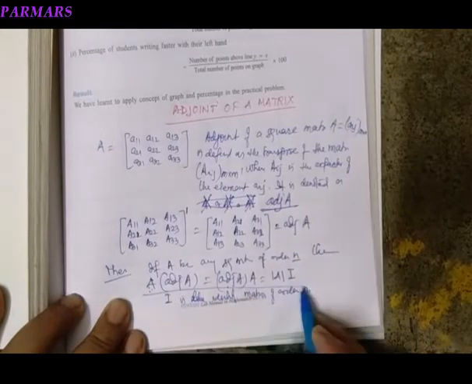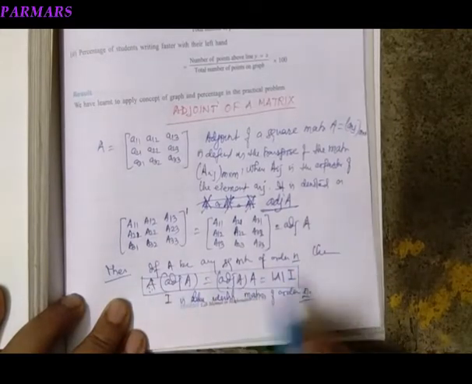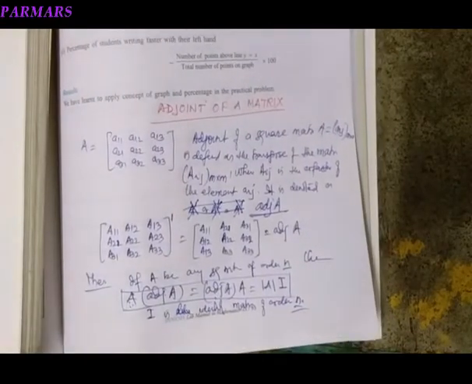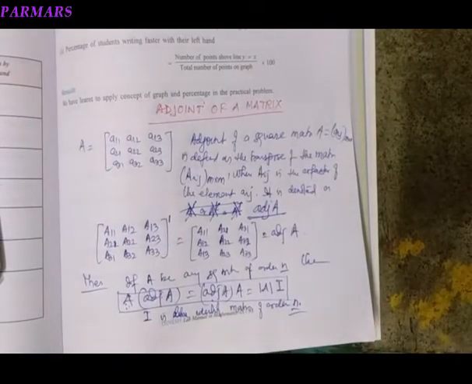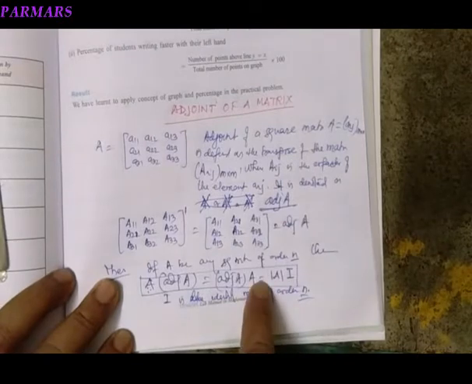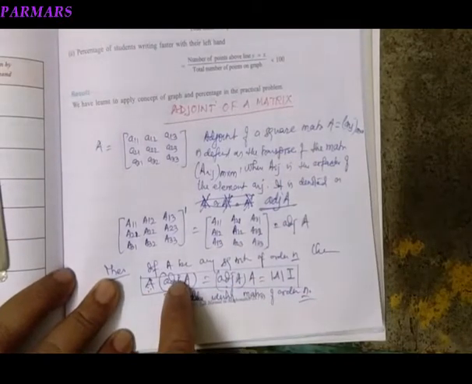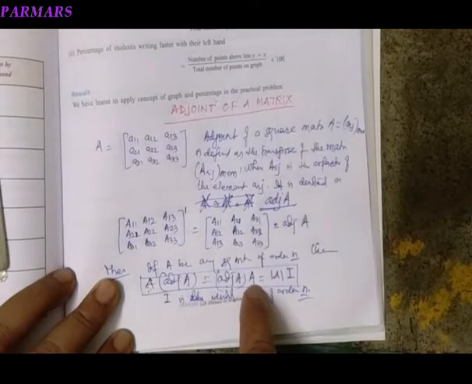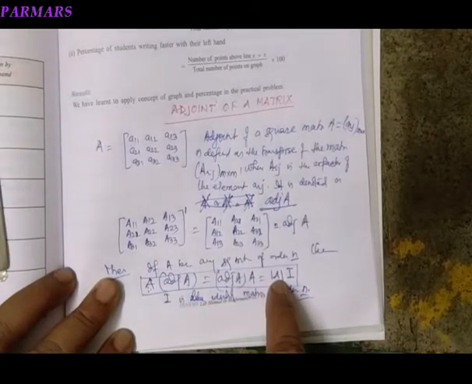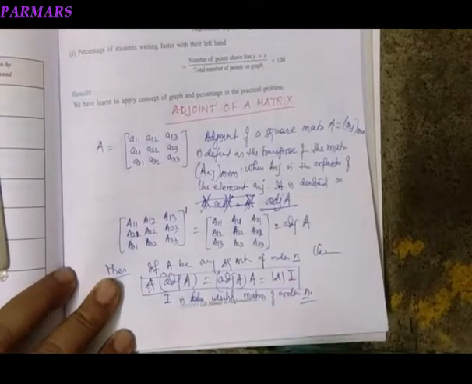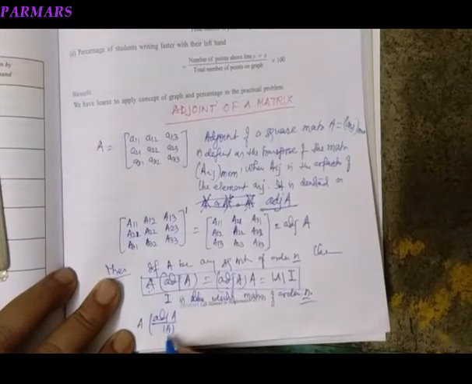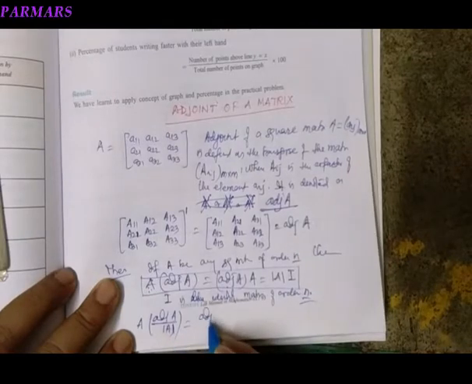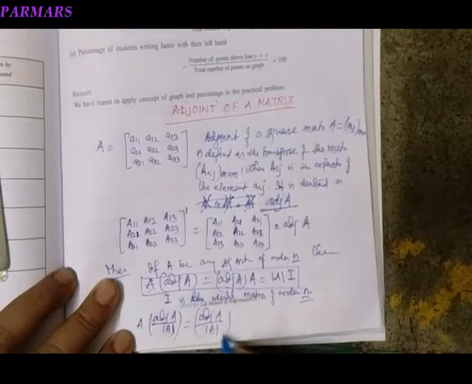Now this theorem can be proved very easily. But before proving, I am asking you one question. Here A into adjoint A is equal to adjoint A into A, and the result is determinant A into I. Now can I write A into adjoint A by determinant A, again adjoint A by determinant A into A, equal to I?